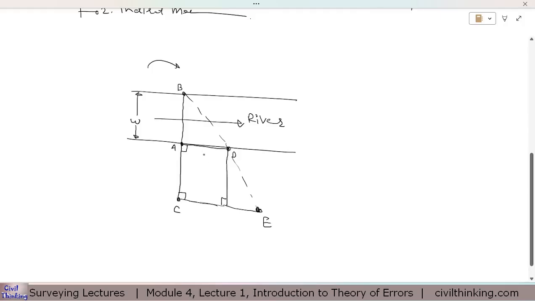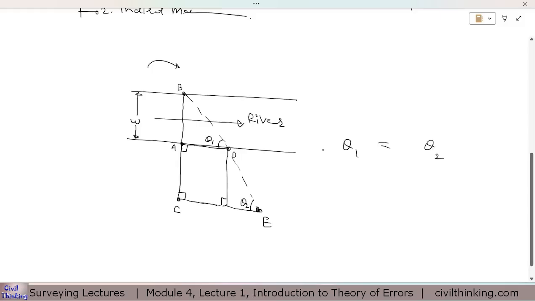Now from the trigonometry, let us say this is theta1 angle and this is theta2 angle. Because BDE is a straight line, theta1 is going to be equal to theta2.